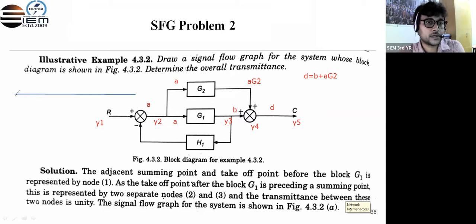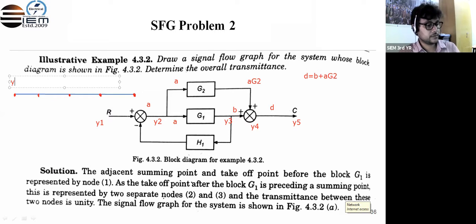Now we'll draw the nodes. One node, then this is the node, then y3, then y4, then y5. So we'll write down the names.